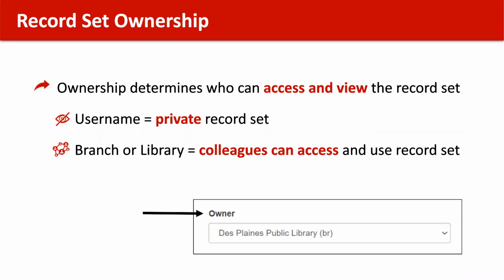Because of how we have permissions set up in the back end, these two levels are interchangeable. They give the same level of access no matter whether you choose branch or library. By setting the record set ownership to a branch level or a library level, this ensures that my colleagues and CCS can access and edit this set.